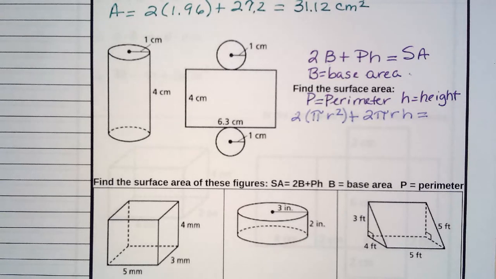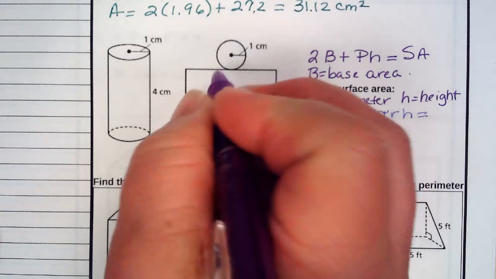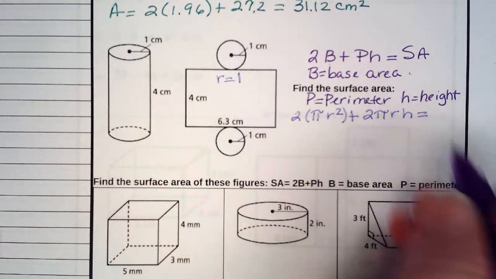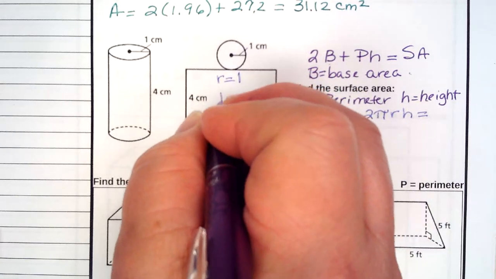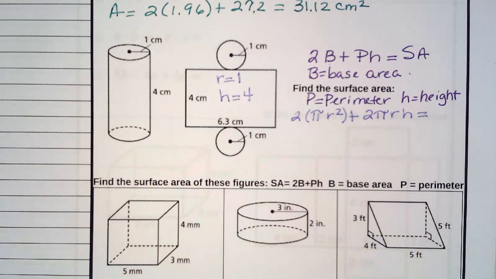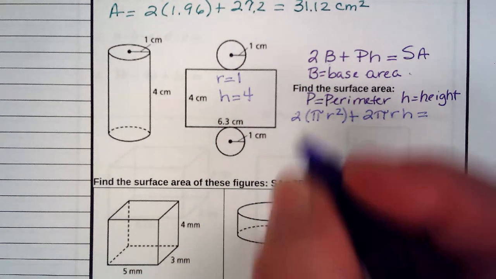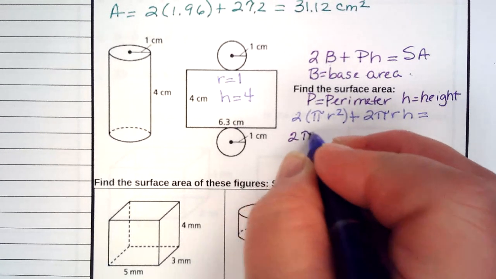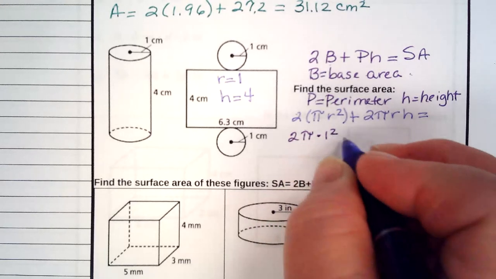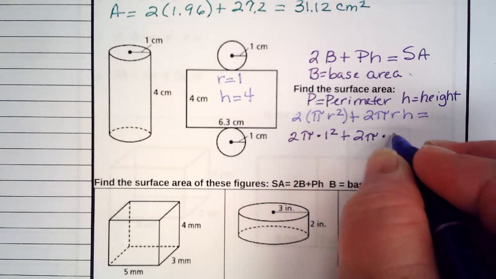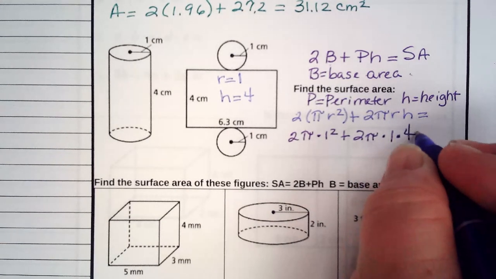Okay, what is my radius? R equals 1. What is my height? H equals 4. Let's substitute everything in. So this is 2 times pi times 1 squared plus 2 times pi times 1 times 4.